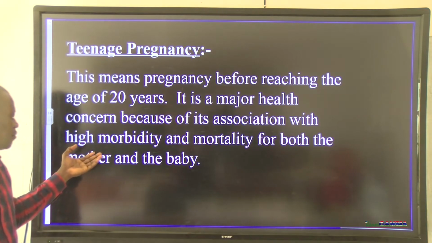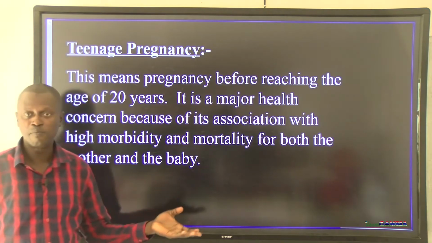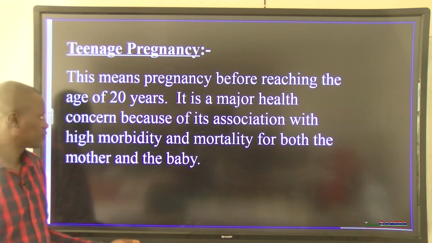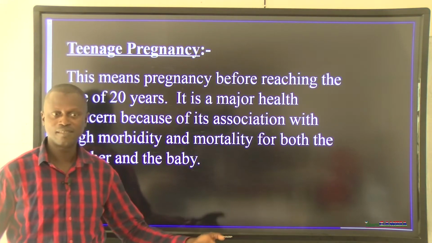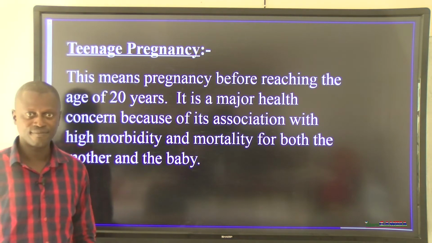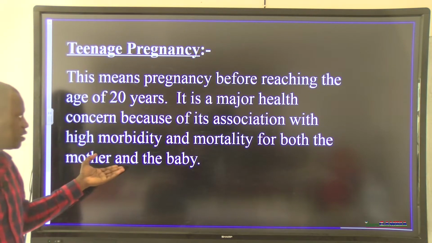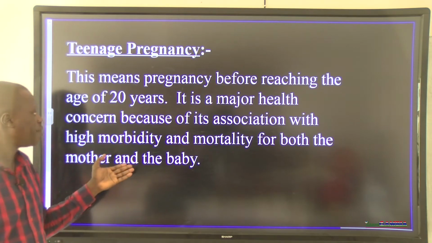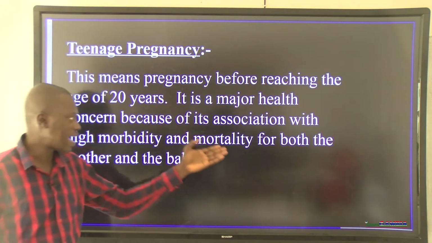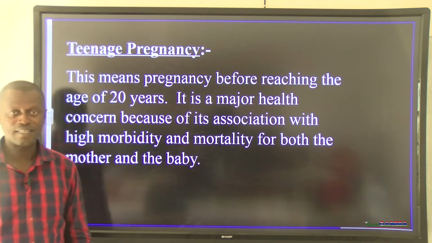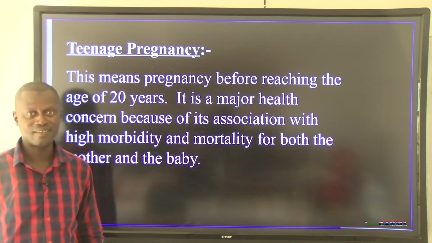Morbidity here is about poor health, worsening one's health. Mortality is loss of lives. How many people are faced with ill health? How many people lost their lives as a result of teenage pregnancy? It is numerous.